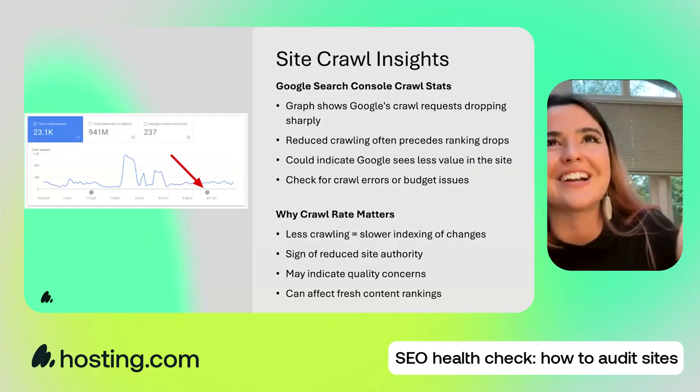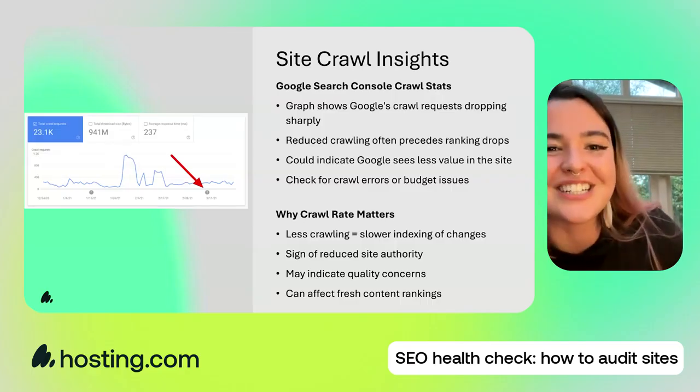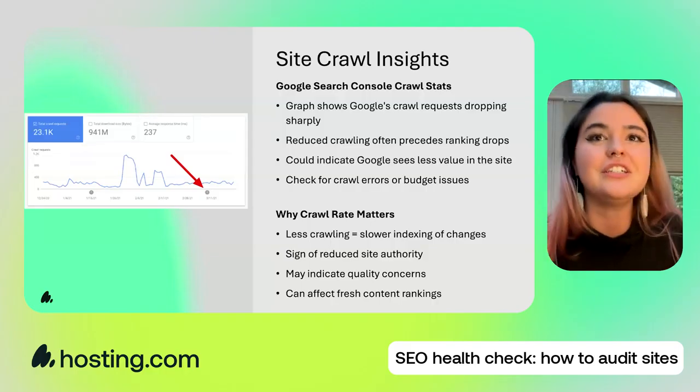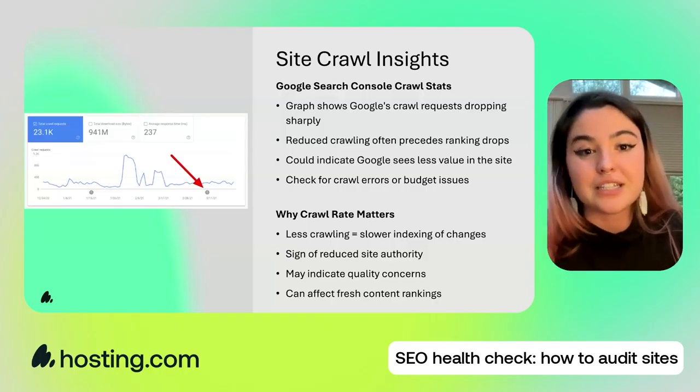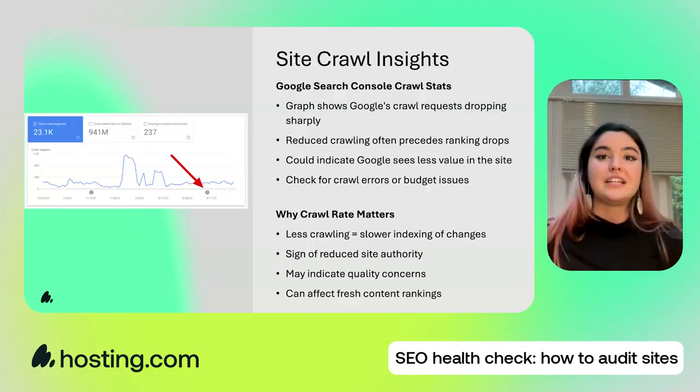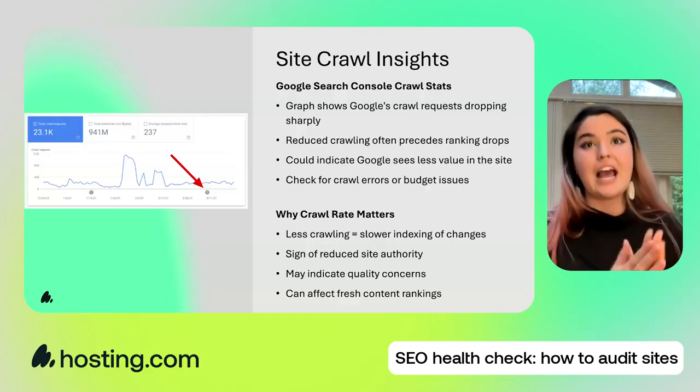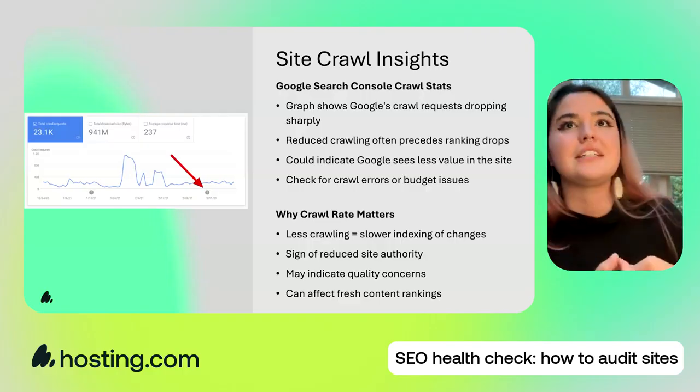Issues when we're looking at our site crawling insights, which also lives in Google Search Console. Looking at your crawl rate is very important because it shows you how often Google is going to your site and how important it's finding that content.